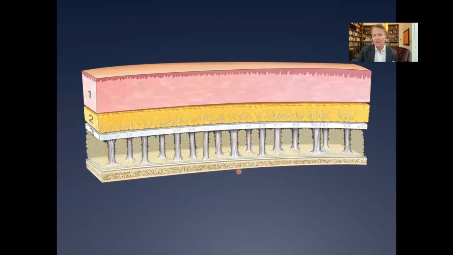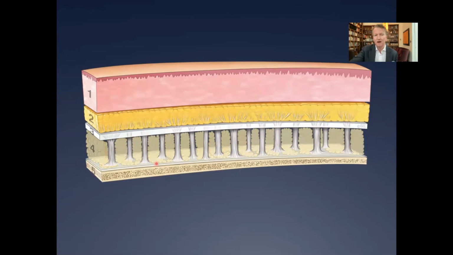Layer 3 is usually a fascia, such as Scarpa's fascia in the abdomen, but it can be the SMAS musculature in the face, it can be the dartos fascia in the scrotum, and so forth. So layer 3 changes a little bit. Layer 4 binds layers 1, 2, and 3, which are tightly bound together. And layer 4 binds these 3 layers to layer 5, which is either periosteum or deep fascia.